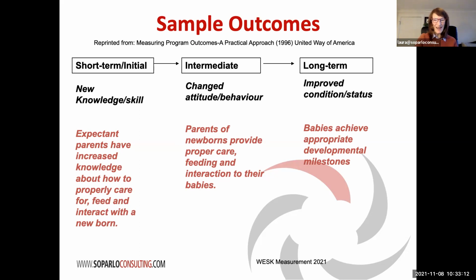The so what is, out of those 18 women and their husbands, couples, let's go couples, how many changed their knowledge and skills? Our hope would be expectant mothers have greater knowledge on how to care for their babies once they're born, not even just the mother, the husband and the mom. So have we changed their knowledge? Do they know? And how would we demonstrate or even measure that?